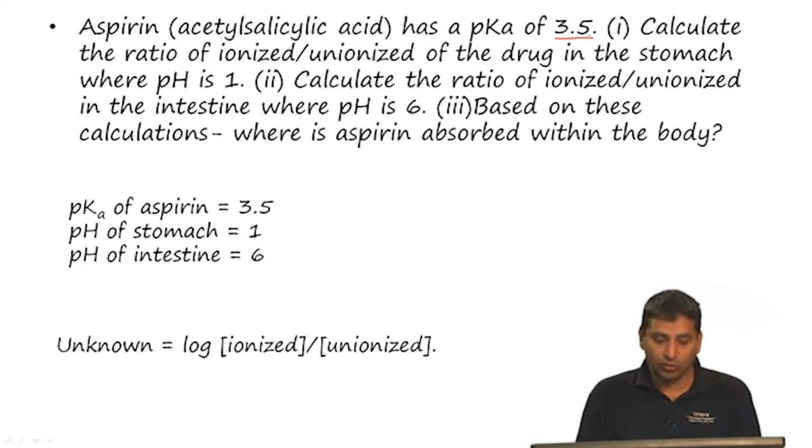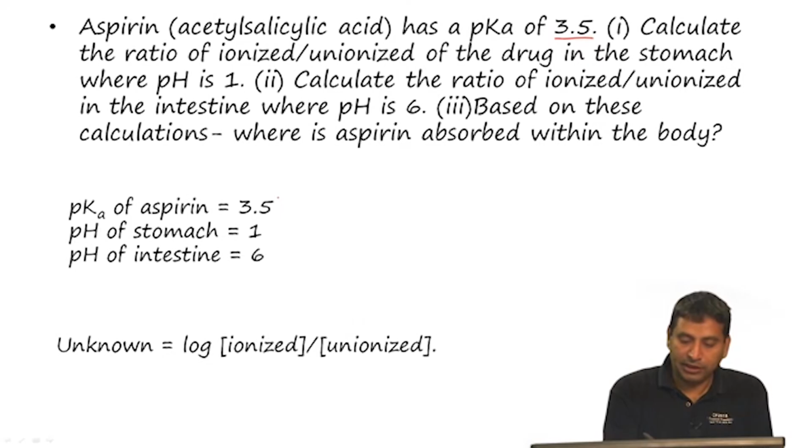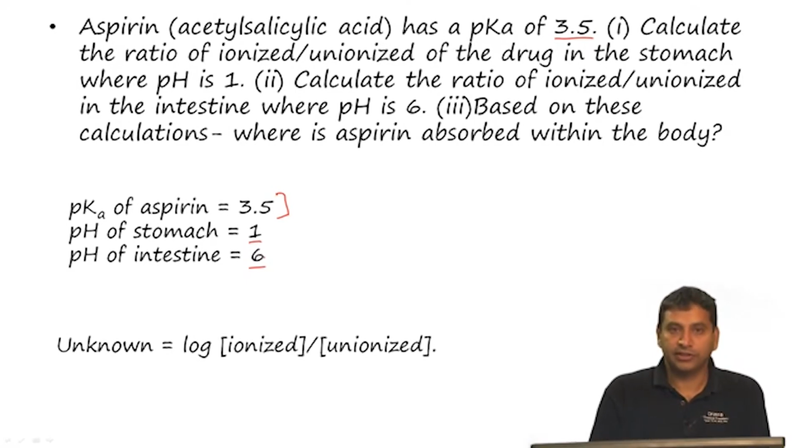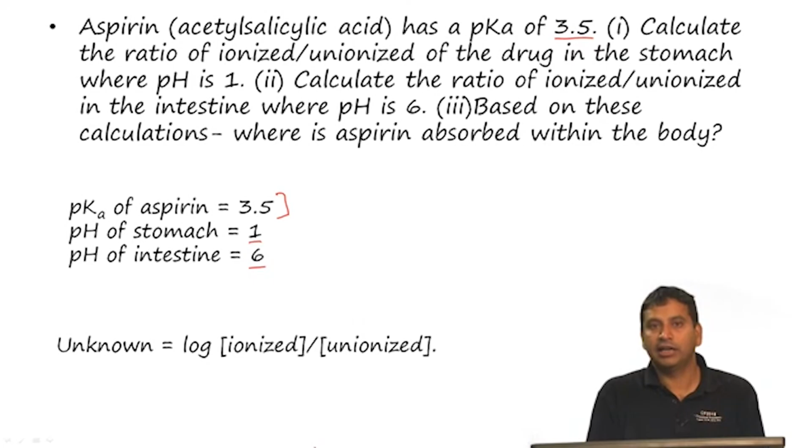Okay. So, we are given these data. The pKa of aspirin is 3.5, the pH is 1 in the stomach and the pH in the intestine is 6. What we need to find out is the log of ionized divided by unionized.